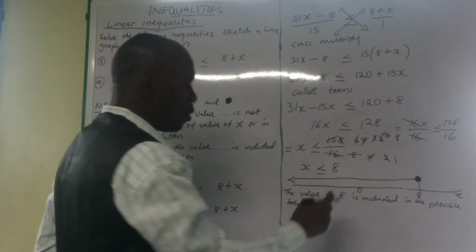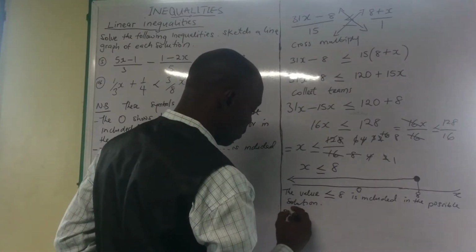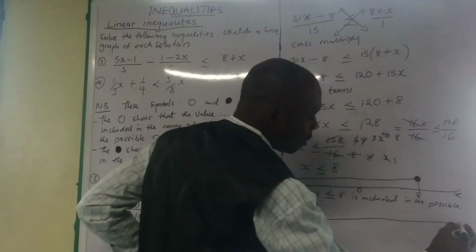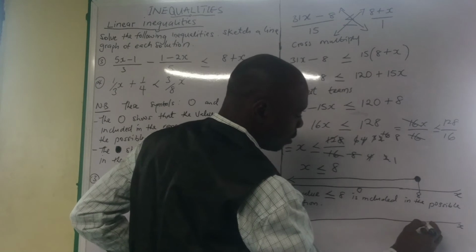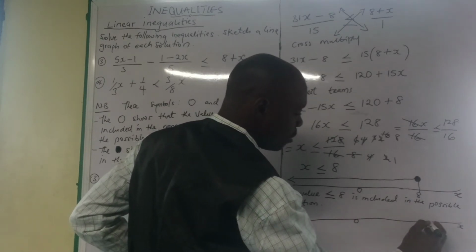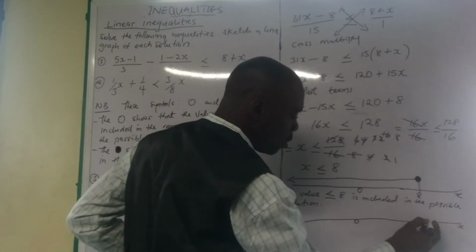Then at the same time, we can draw this graph like this again, our straight line again. Then our x, let's put our 0 here, then our 8. So this same symbol will be on the line.